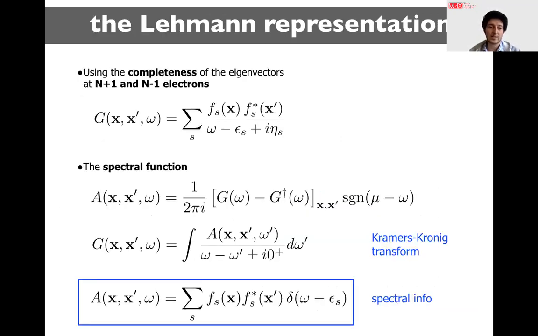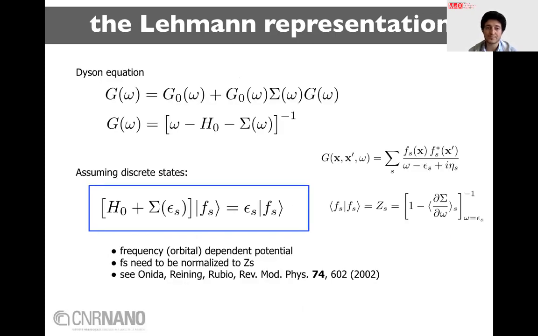The spectral function can be written as the imaginary part, operatorially, of the Green's function, or can be used by Kramers-Kronig or Hilbert transform to write the Green's function, and it has this expression here in terms of the Dyson orbitals. And if we take just the diagonal part of it, we obtain this object that is the local spectral density, that is nothing else than the local density of states properly defined for a many-body system.